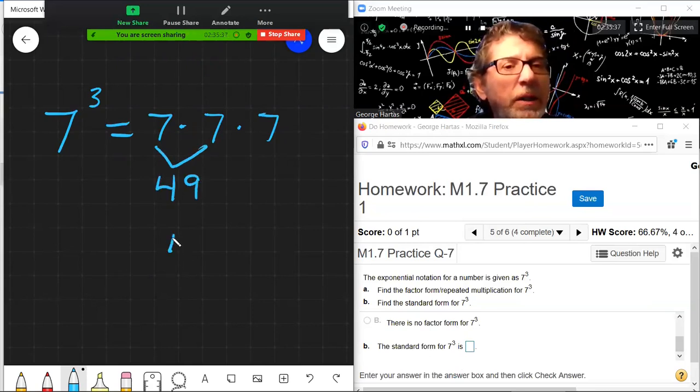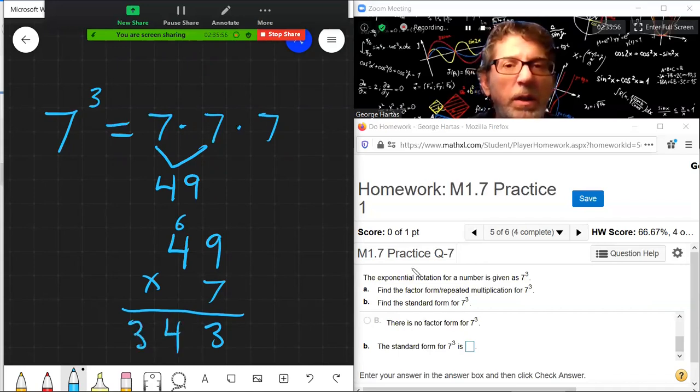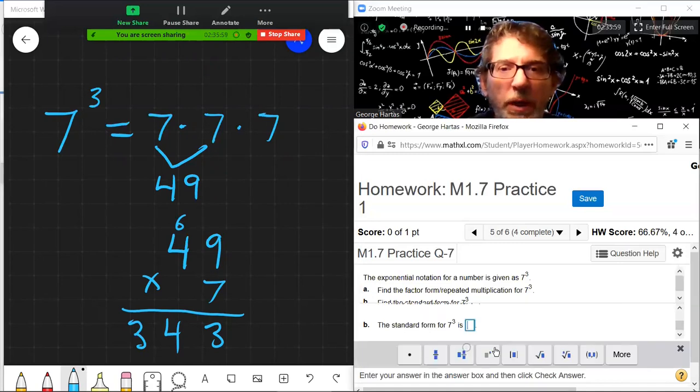So all I really got to do is multiply 49 by 1 more 7 to get my answer. 9 times 7 is 63. 4 times 7 is 28. 28 plus 6 is 34. So 343 should be what they're looking for.